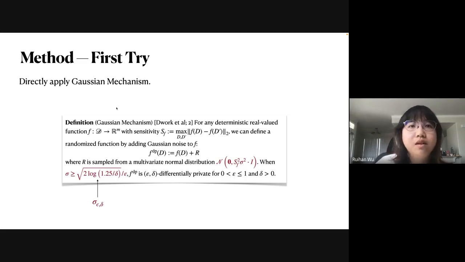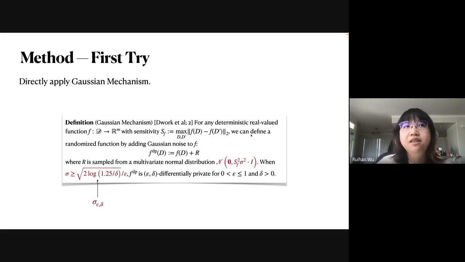So here is the formal definition of the Gaussian mechanism. For any deterministic real-valued function f with the sensitivity of f, the sensitivity is defined as the maximum difference between the output of a function for any neighboring data sets D and D prime.